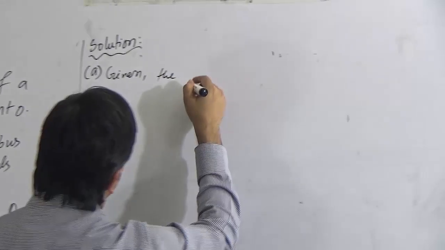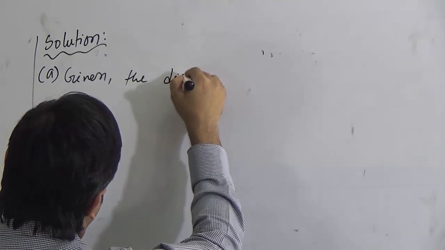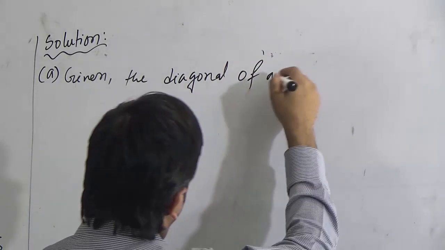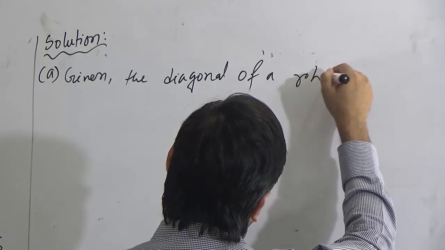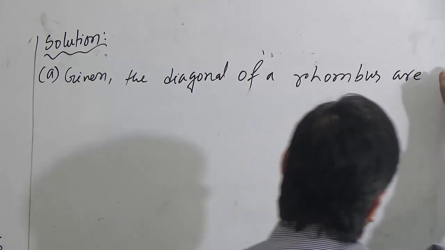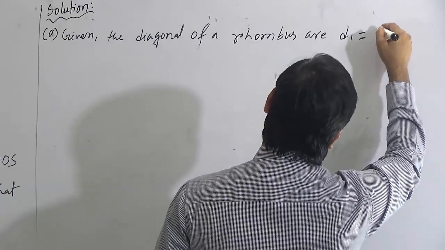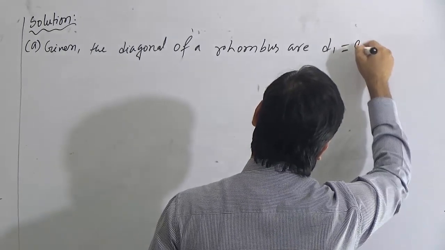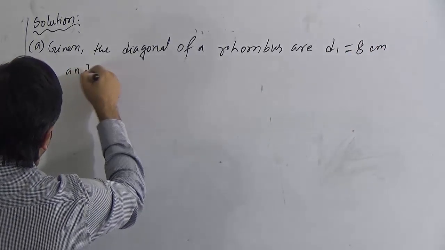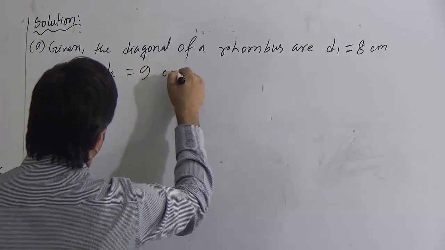The diagonals of a rhombus are D1. I have considered the first diagonal as D1, that is 8 centimeter, and another one D2, that is 9 centimeter.